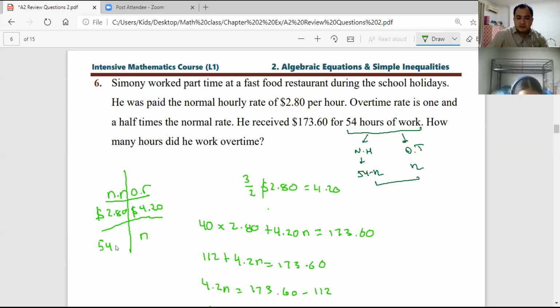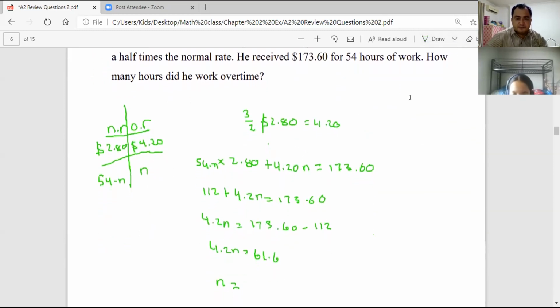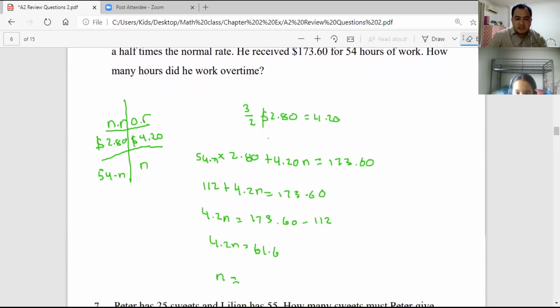Shahina, can you delete? Yeah, very good. Yes, 54 minus n, put in brackets. Can you delete everything there? So actually, we need to write like this, right?